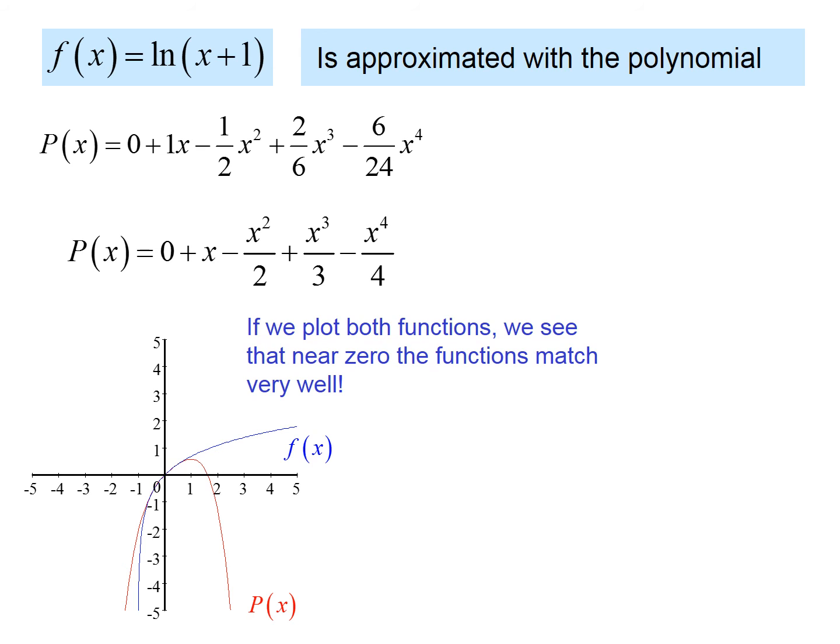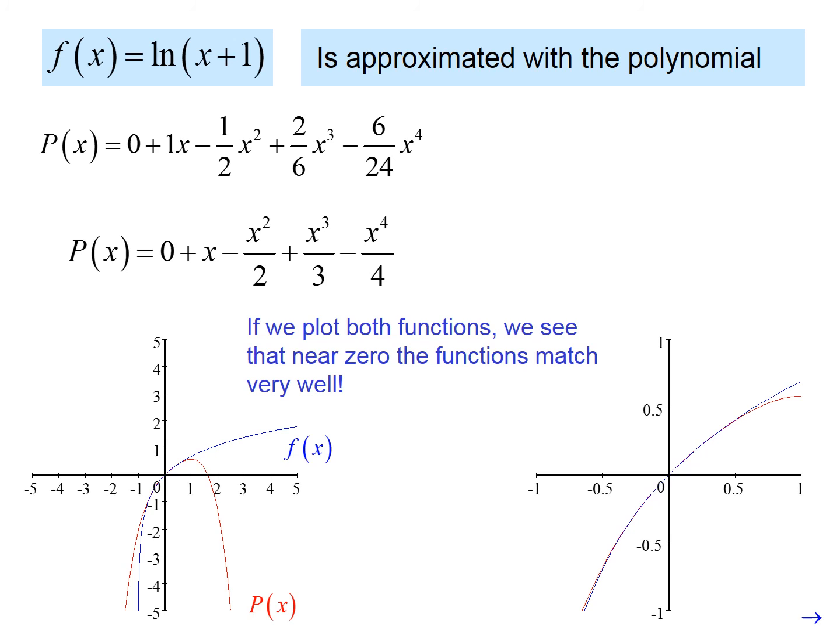But after a little bit before 1, the values start to depart. And the further we go away from the center, the further the values depart, the more error is in the polynomial. But we can see from about -0.5 to 0.5, the values are very similar.